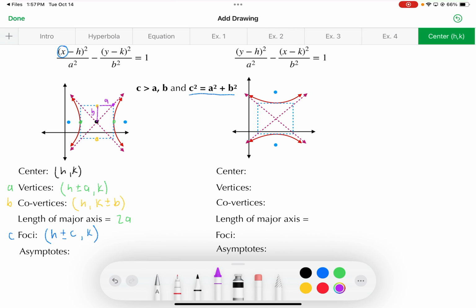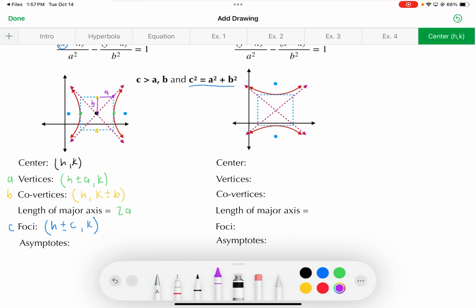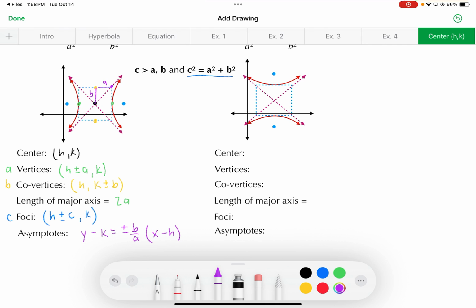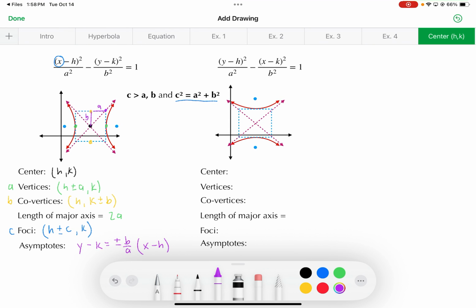So the slope of that is b over a, and the slope of the other one would be negative b over a. Well, take into account that the center is no longer at the origin. This is a great time for point-slope form: y minus k equals plus or minus b over a times (x minus h).